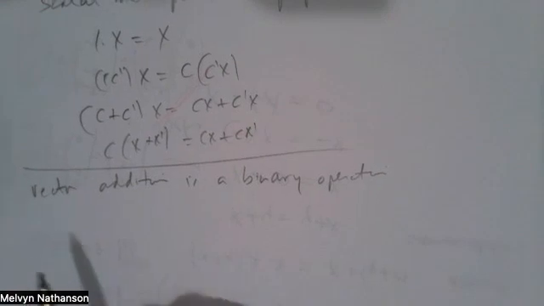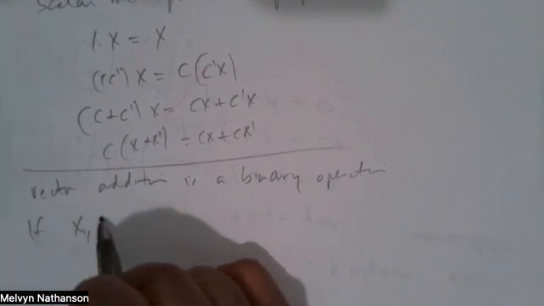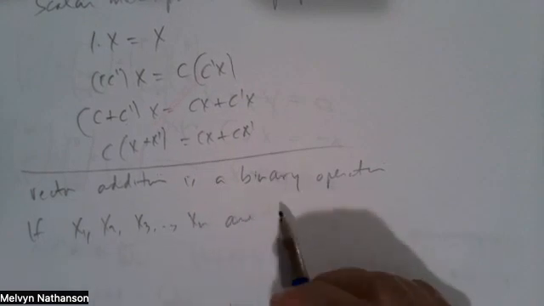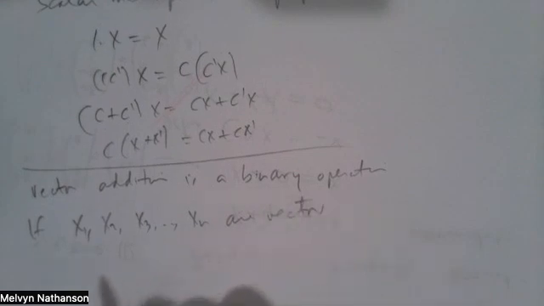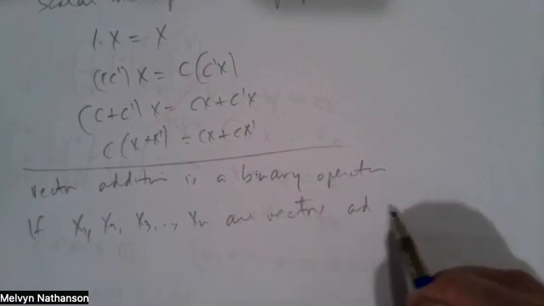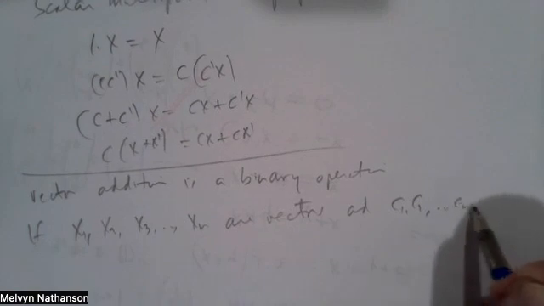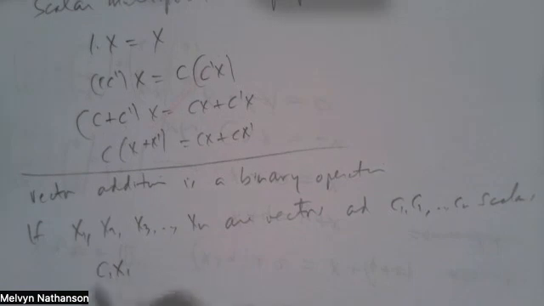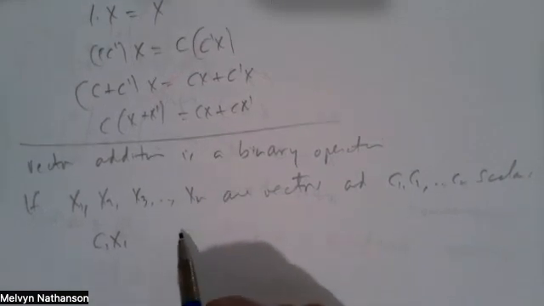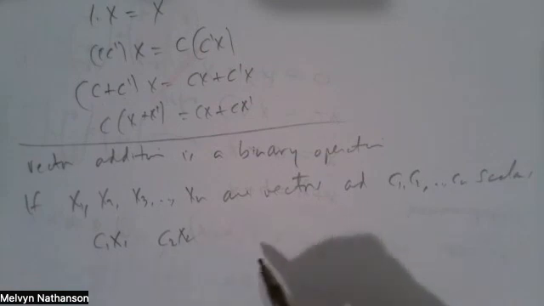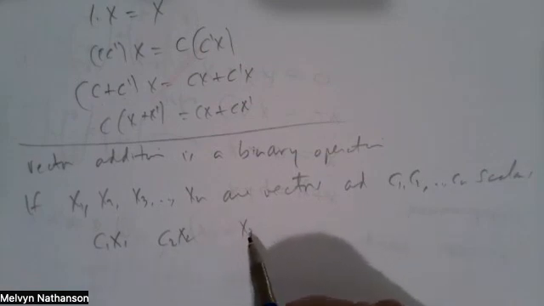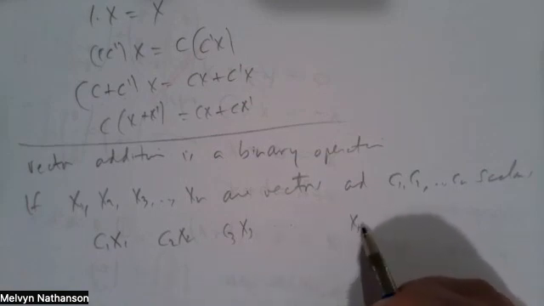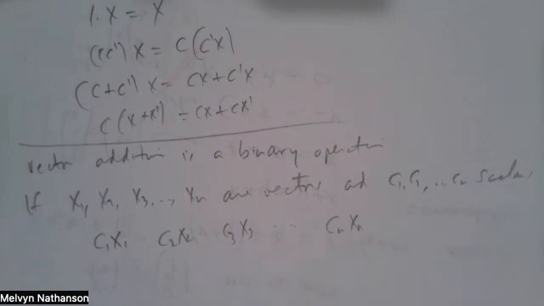And more generally, if x1, x2, x3, up to xn are vectors in the same dimension, and c1, c2, up to cn are scalars, I could take the vector x1 and multiply it by the scalar c1. I can take the vector x2 and multiply it by the scalar c2. I can take the vector x3 and multiply it by the scalar c3. I do that to each of these vectors. When I get up to the vector xn, I multiply it by the scalar cn.